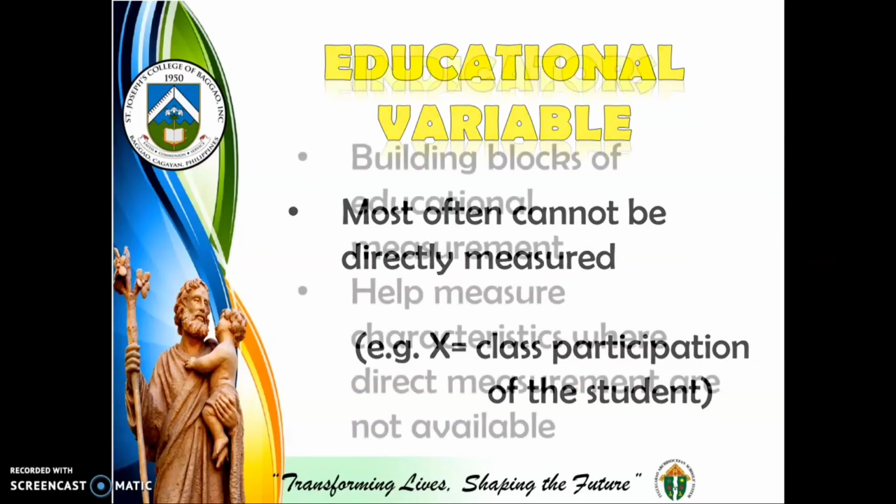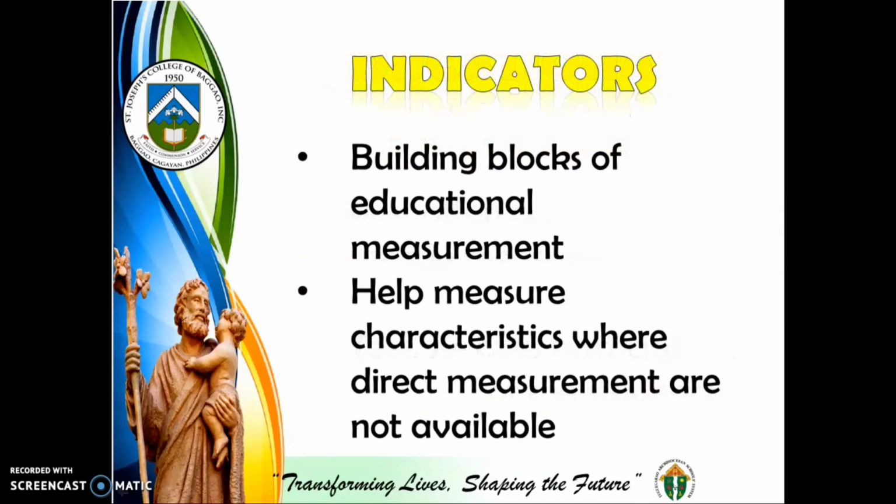So let us move on to indicators. These are building blocks of educational measurement, upon which all other forms of measurement are built. Aside from that, these help measure characteristics where direct measurement is not available. So remember, class, that a group of indicators constitute a variable. They were introduced when direct measurement is not available.